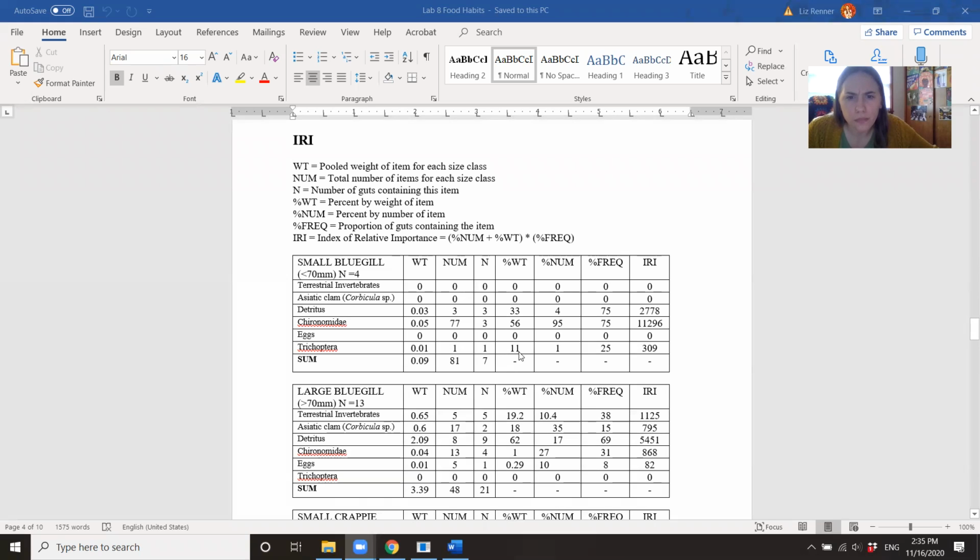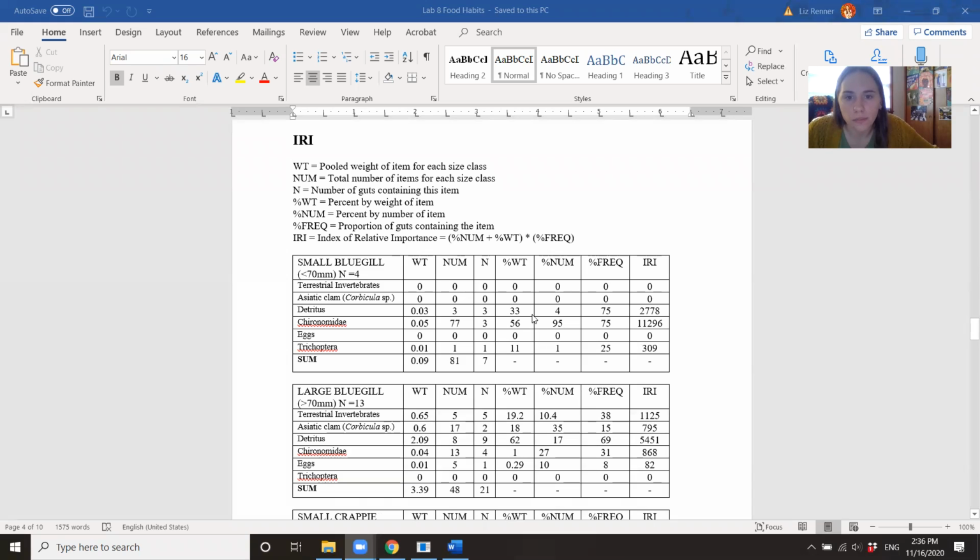And so you're going to take your numbers and times your weights, right, to get your percent number. That's how we got the 3 times the 0.03, giving us 33% of your total. Oh, excuse me, sorry.